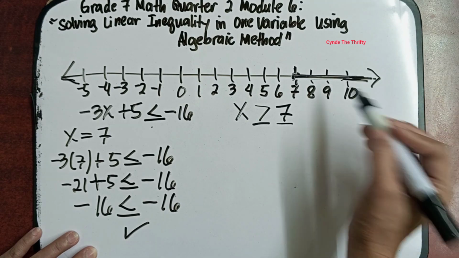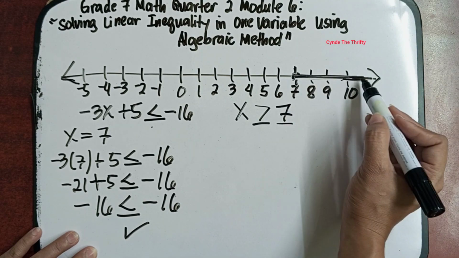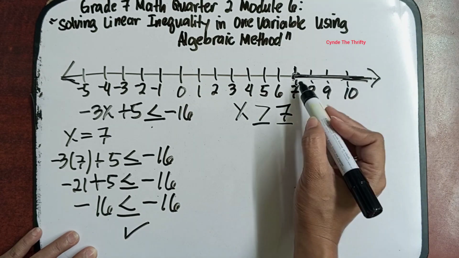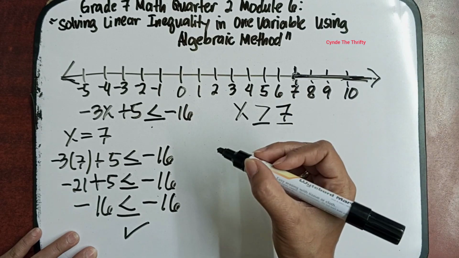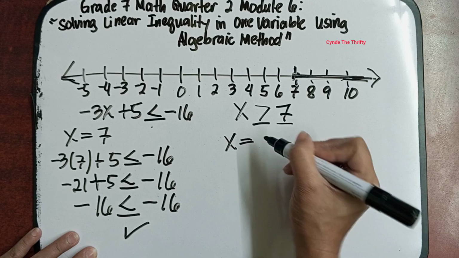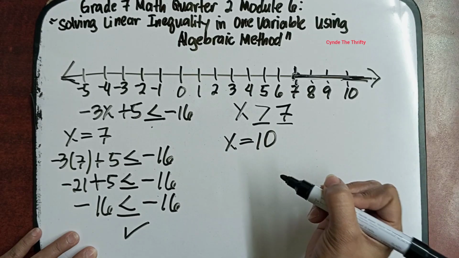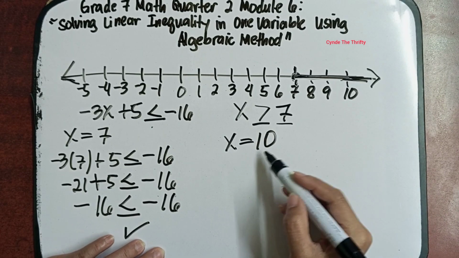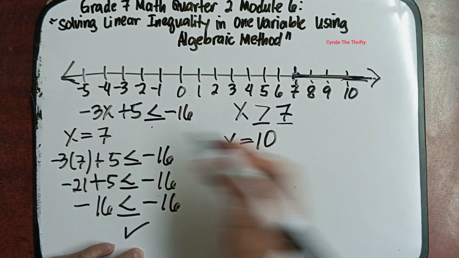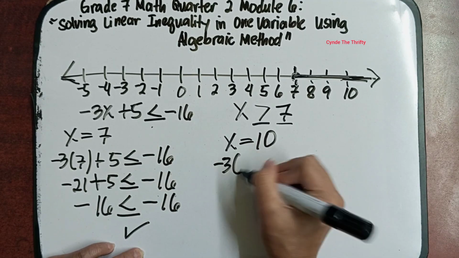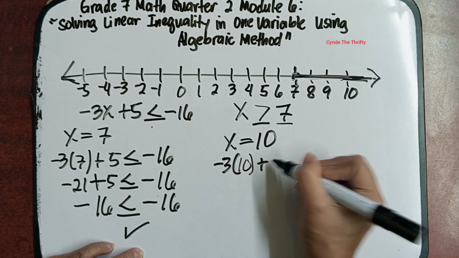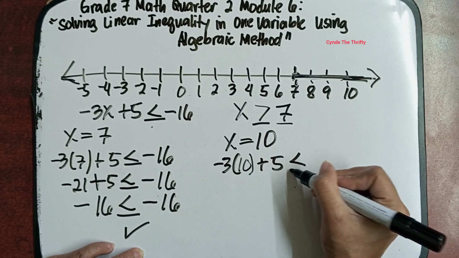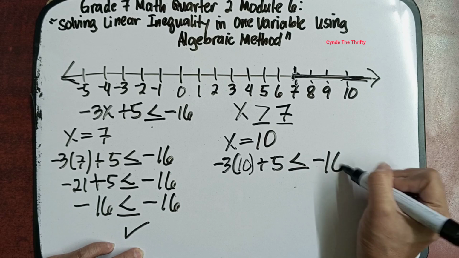Now, if we take numbers from our positive integers that are greater than 7, let's see if it is correct. Let's assume that x is equal to positive 10. Let's check using the value positive 10. So negative 3 multiplied by the value of x, positive 10, plus 5 is less than or equal to negative 16.